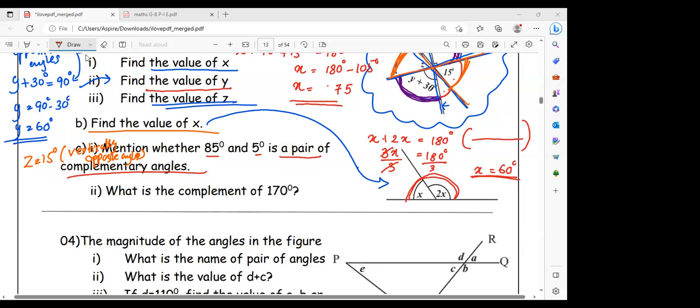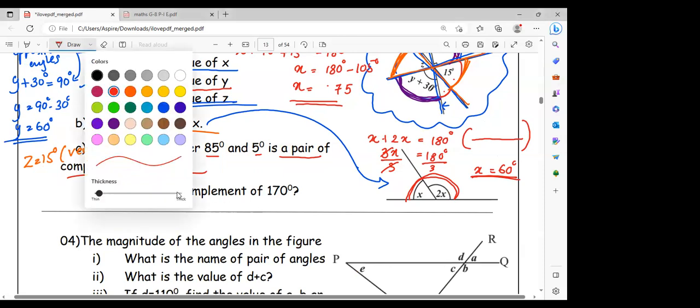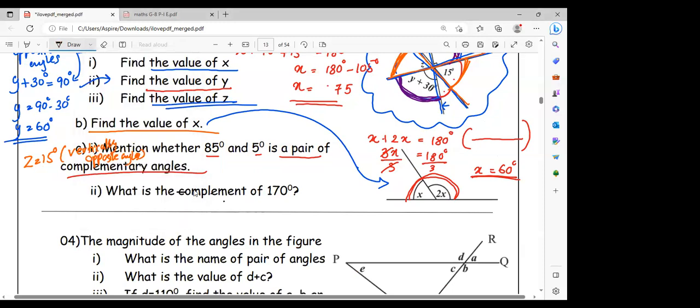What is the complement of 107? Actually, it should be supplement. Okay, not the complement. Please make that change. It should be supplement. What is the supplement of 107? Yes, tell me. What is the answer? How do we find the supplement of a given angle?